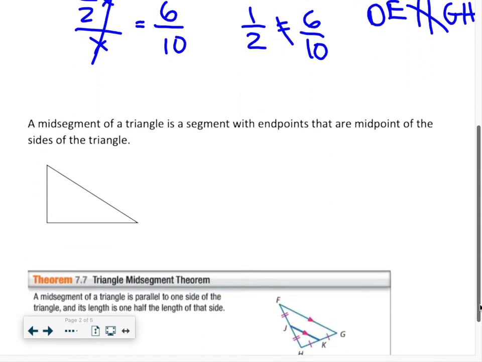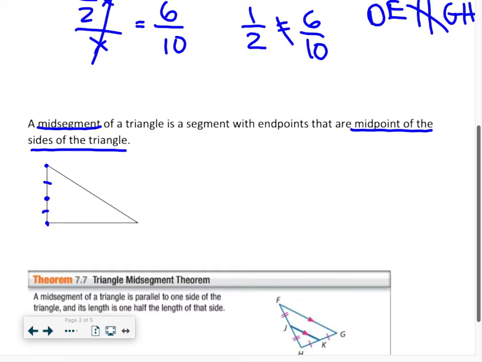Okay, a mid-segment of a triangle, so this is our definition here. A mid-segment of a triangle is a segment with endpoints that are midpoints of the sides of the triangle. So an example, I'm going to draw a mid-segment here. So this side has a midpoint. I'm just kind of estimating here.